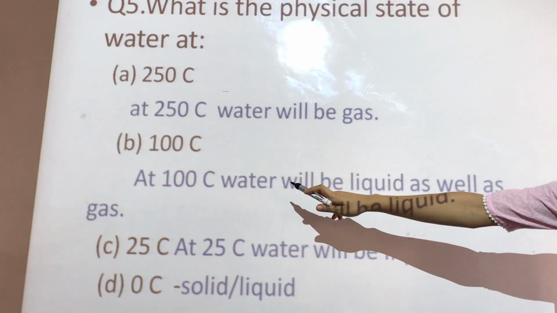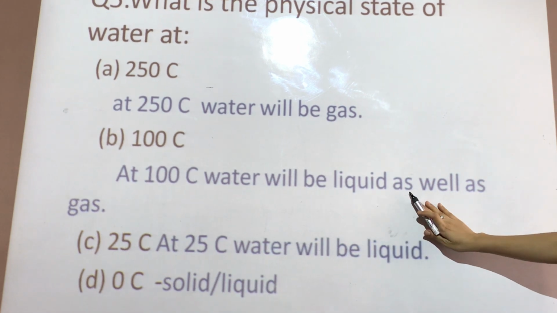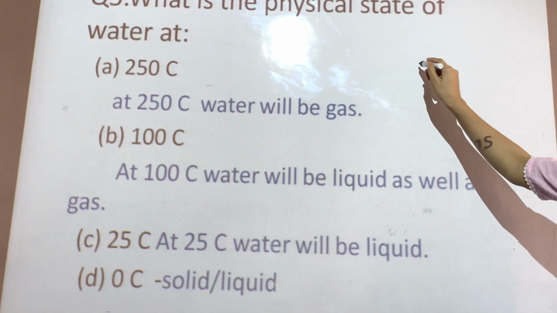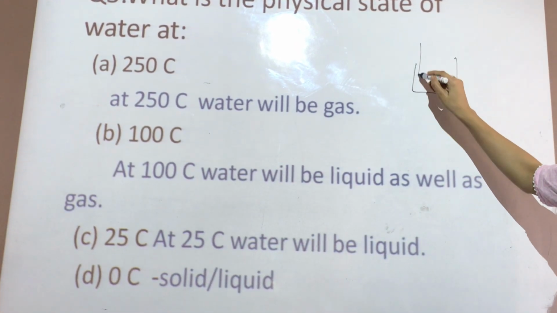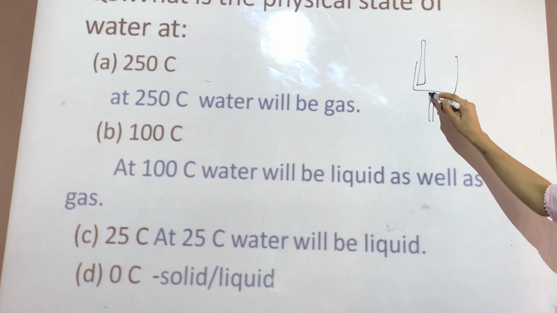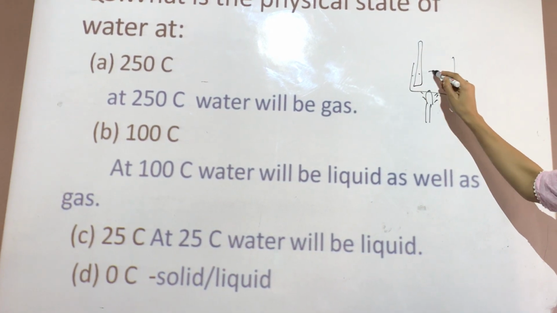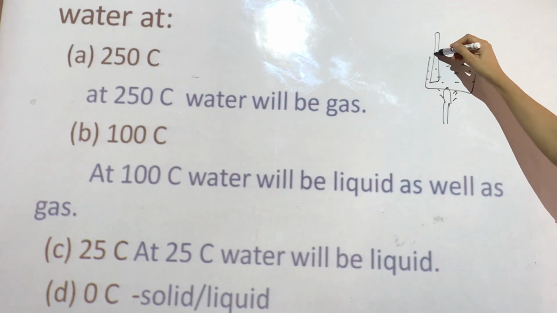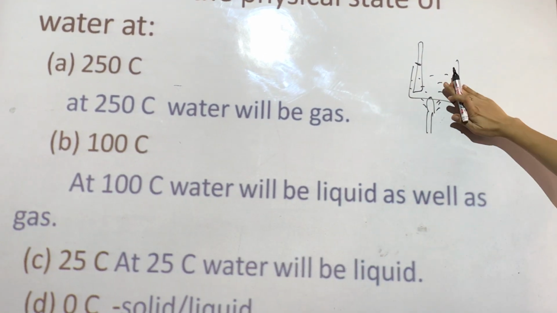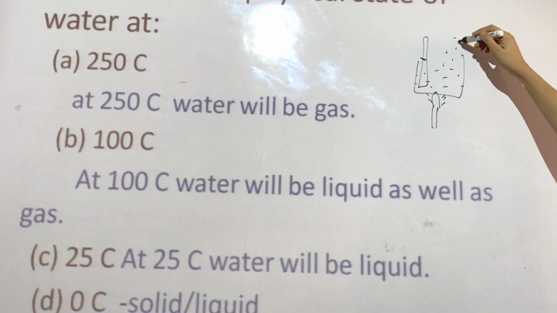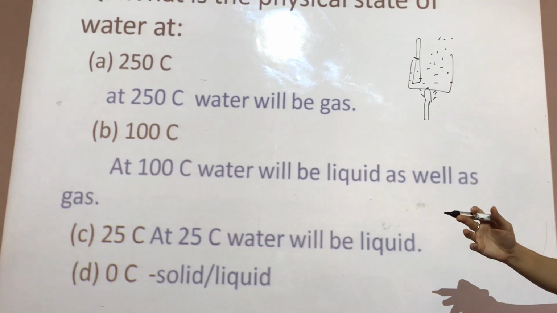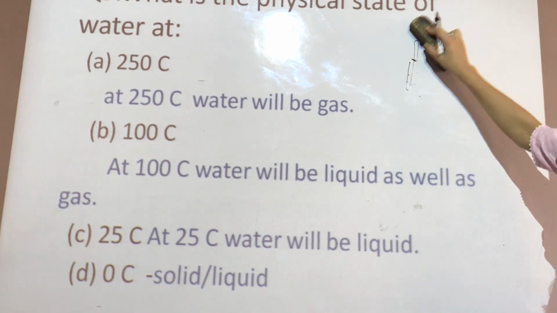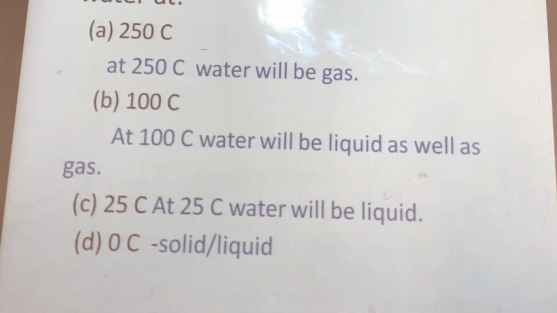If you take water, put a thermometer in, and give some heat, you will notice that at 100 degrees Celsius this water will start converting into vapor. So the physical state will be liquid as well as gas.